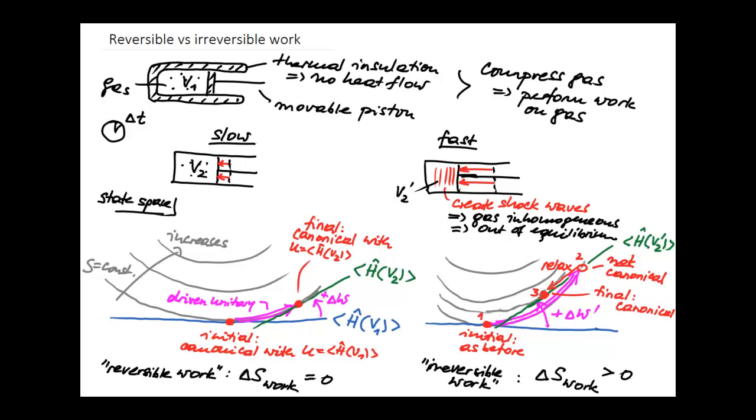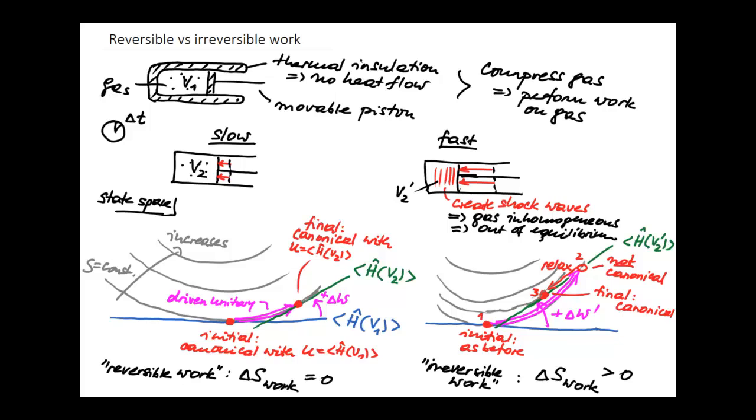Now, in thermodynamics, one generally assumes that one is in the limit of reversible work. So in thermodynamics, one generally assumes that all work that is performed on systems is performed sufficiently slowly such that work can be considered reversible. It's not easy to quantify how slow, sufficiently slow means.